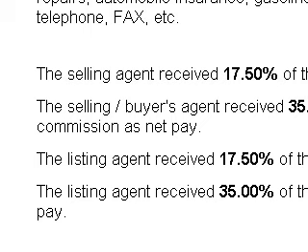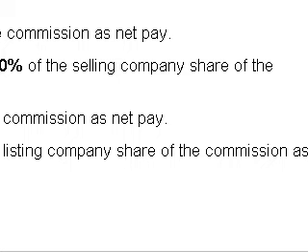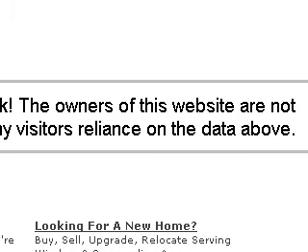The listing agent received, say, 35% of the listing company share of the commission as net pay. So what it's trying to do is take the whole commission, break it all down into all of its various component categories to tell you where it all went. So it's helpful to consumers, and it's helpful to real estate agents just to kind of see where everything goes.